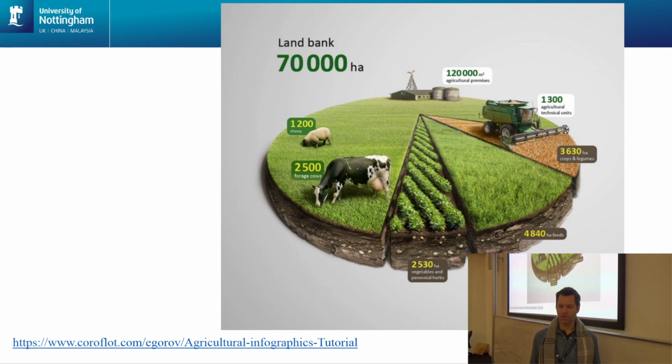So that's an intuitive use of pie charts. This is a fancy pie chart, also called an infographic. It's a graphic that shows you information. We're not going to talk very much about infographics.